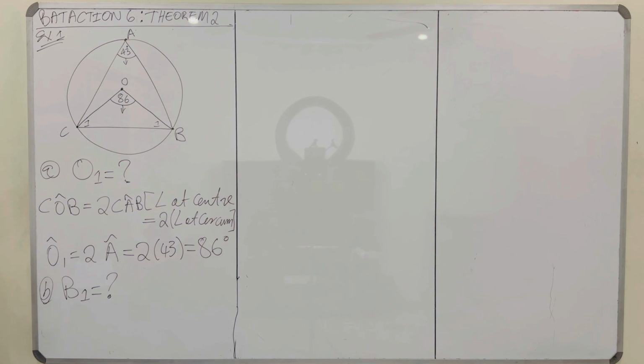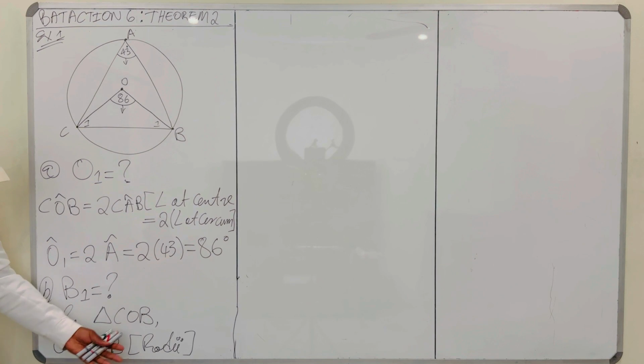But now, what kind of triangle is COB? Let's go and find out. We'll say in triangle COB, your OC is equal to OB. Why? These are radii. Are you following? Yes. No problem. What else do you know? So what kind of triangle is this?